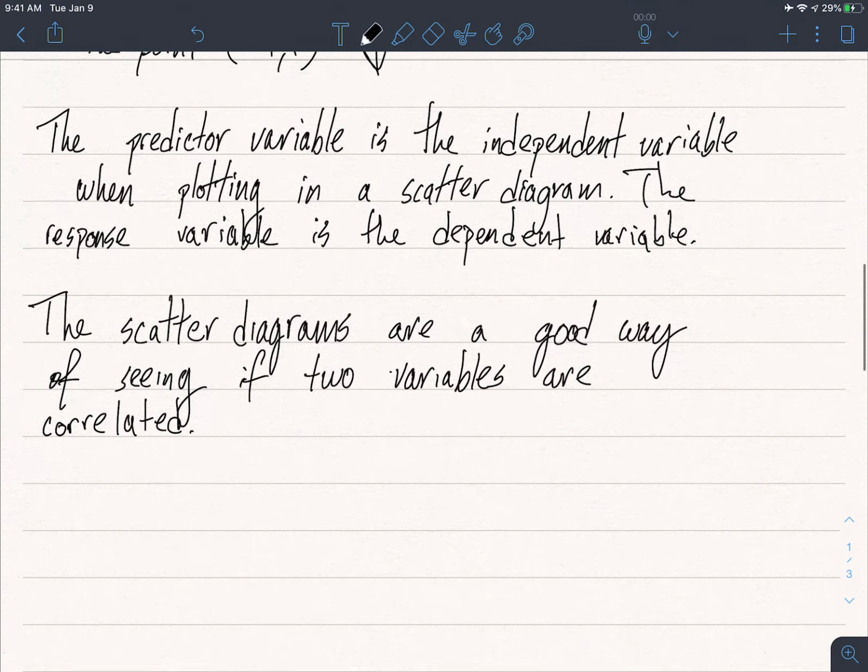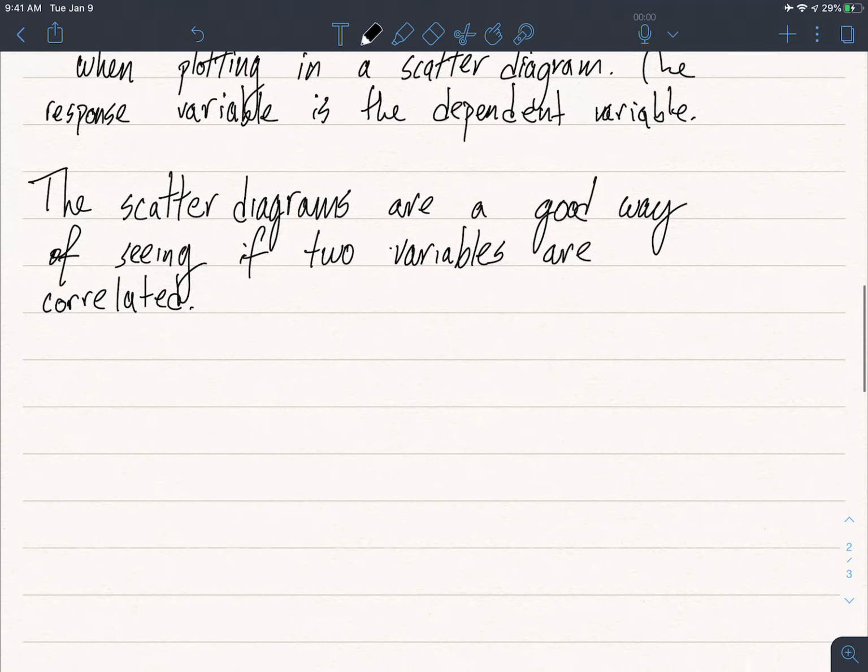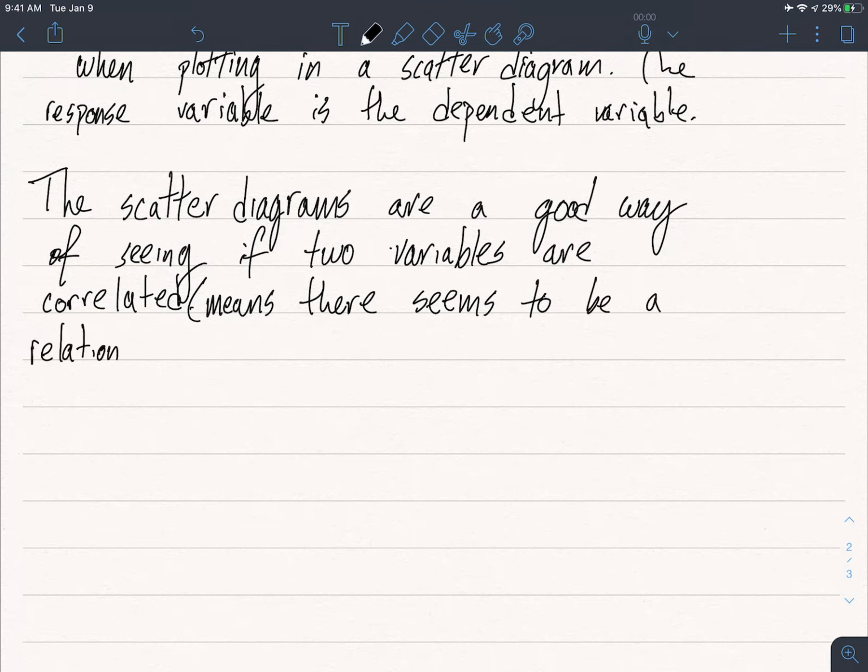And we'll get to a proper definition of correlated in a second. But let's just say correlated for now means there seems to be a relationship between the two variables.